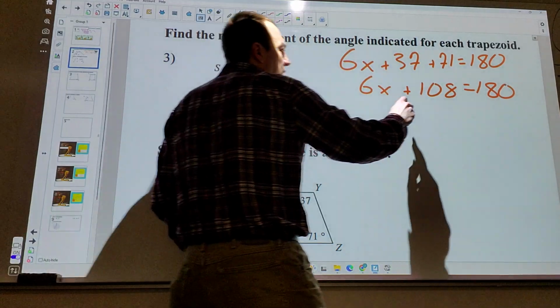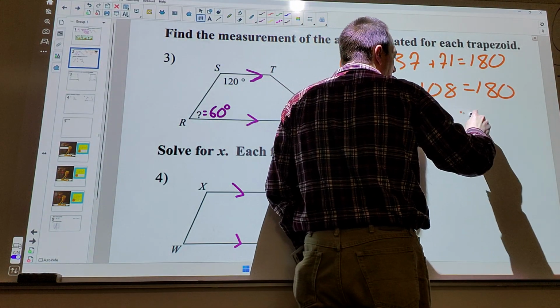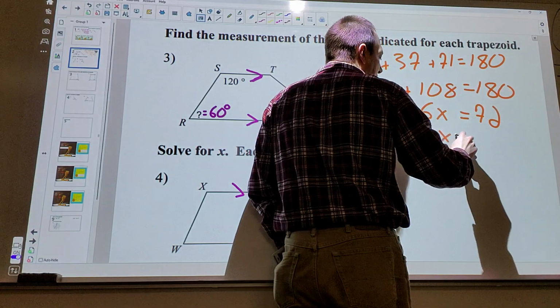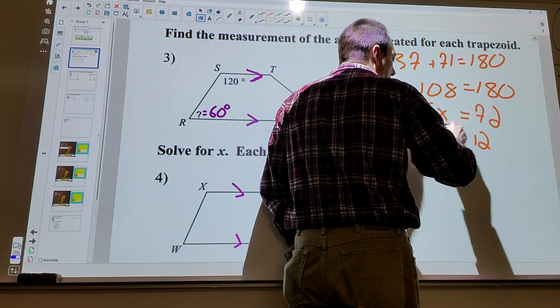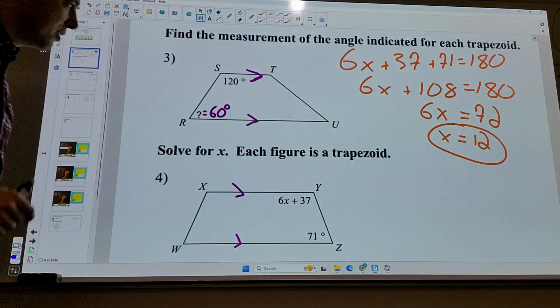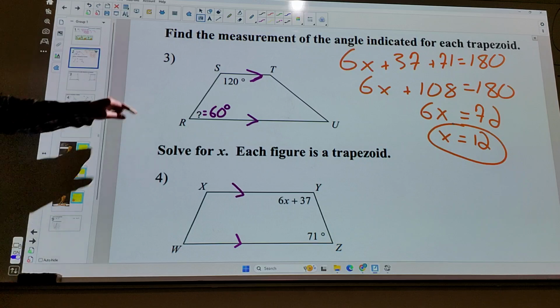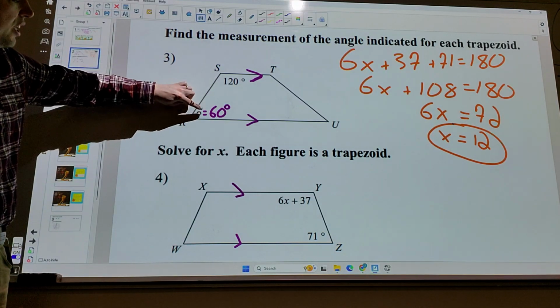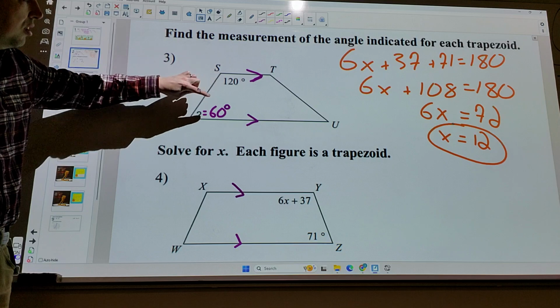Subtract 108, so 6x equals 72. Divide by 6, and x equals 12. For every type of trapezoid, these two angles add up to 180 degrees.